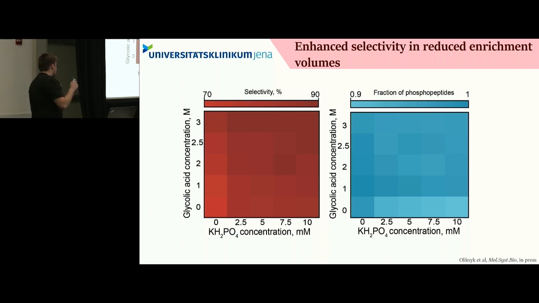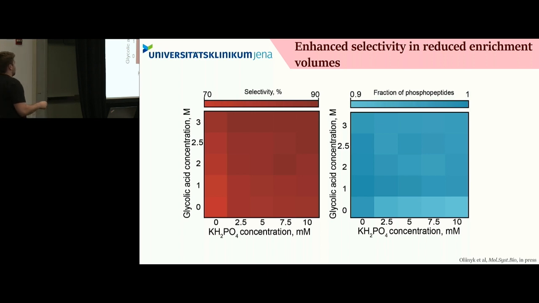In this case, it's the combination of glycolic acid and potassium monophosphate, because, for example, in the selectivity, if you just increase the concentration of the glycolic acid, you do not really get to the highest percentages of selectivity, meaning there is still quite some portion of the unphosphorylated peptides in your solution after enrichment.